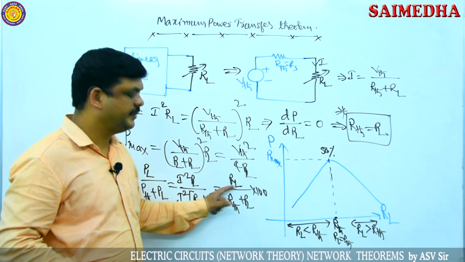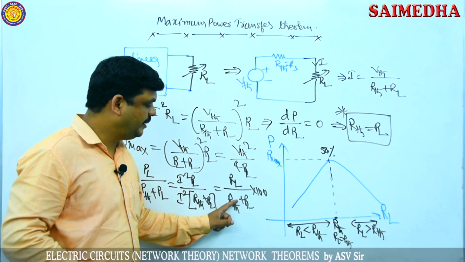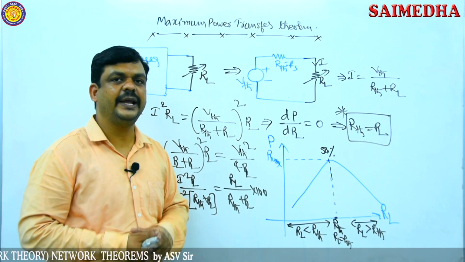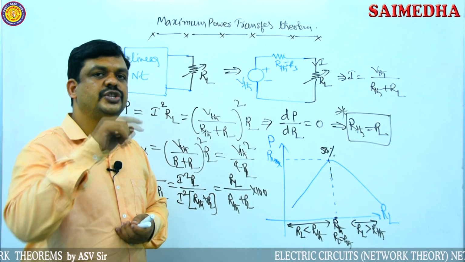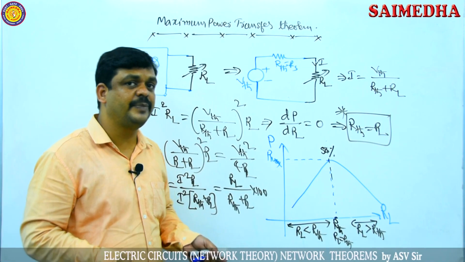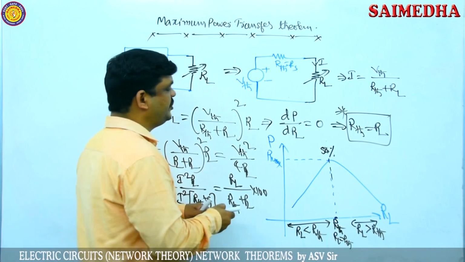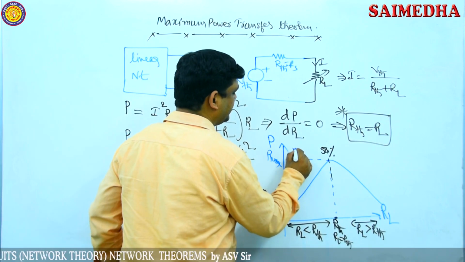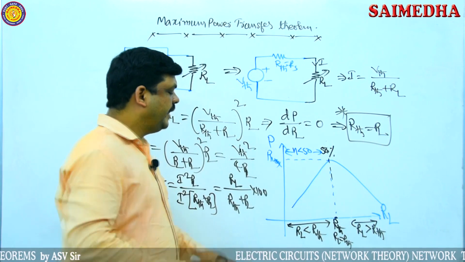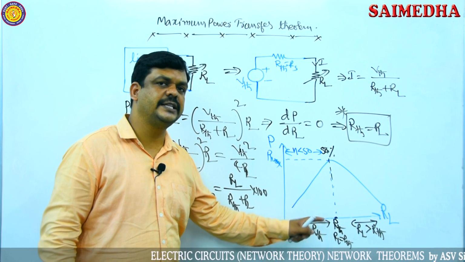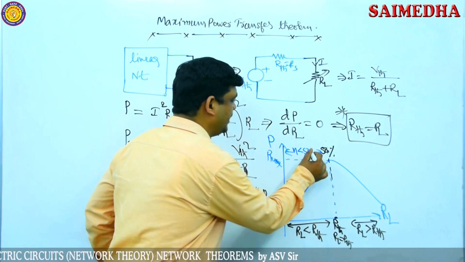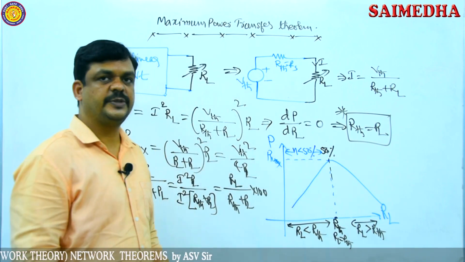So 1 by 10 plus 1, 11. 1 by 11 is about 0.1, so 0.1 into 100 gives 10%. 10% means efficiency is less than 50%. If the load resistor value is less than the Thevenin's resistance, then the efficiency is less than 50%. This point is important.